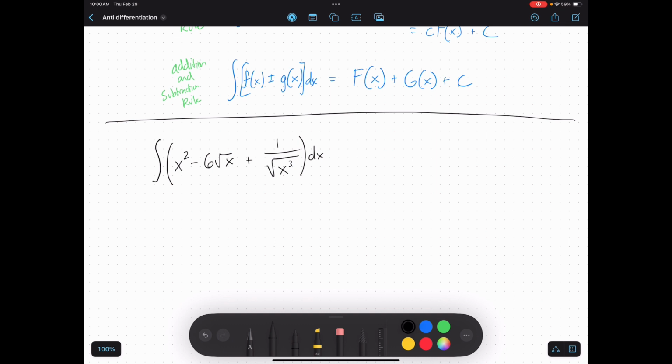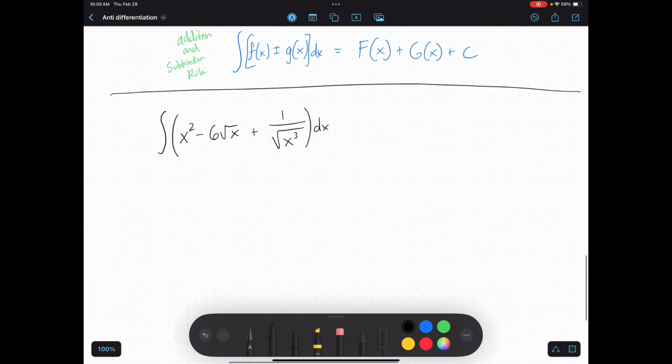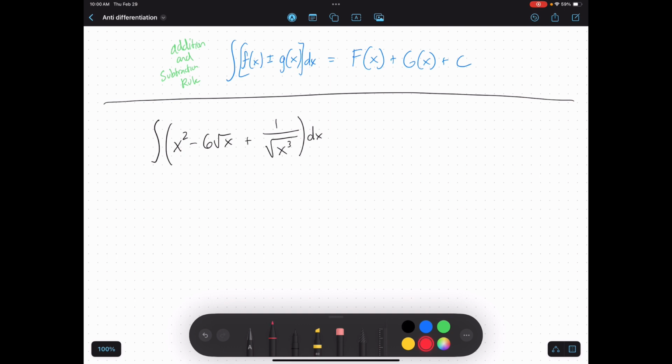So if I see that little skinny s in front, what is it asking me to do? It just wants me to find the general antiderivative of this function. Now, I've got different terms being added and subtracted together. Well, according to my addition and subtraction rule, that means I can just focus on each of these terms individually and find their antiderivatives individually.